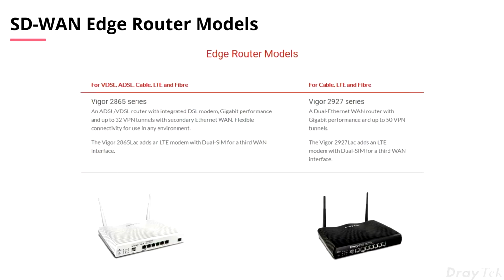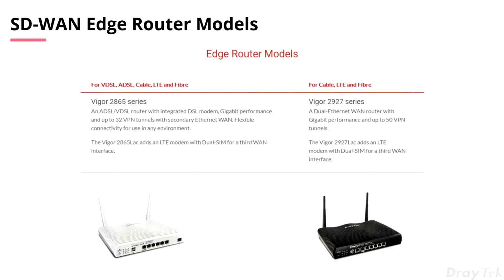With SD-WAN, the functionality needs the support of the devices. There's a little bit more reporting they need to do, and more analytics that's on the device that needs to be reported to ACS. And for this, it means that it's the newer models that have the technical capability to do that SD-WAN functionality, in addition to all the normal routing and performance. The current devices that are supported are the Vigor 2865 and 2927 series.